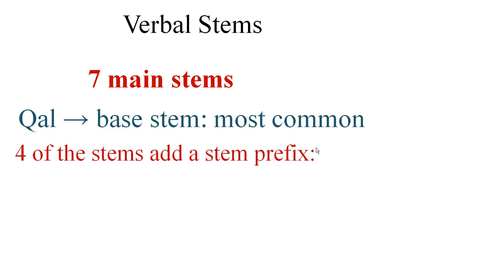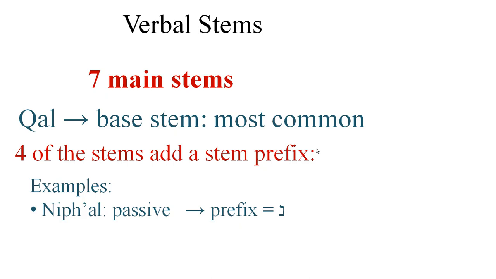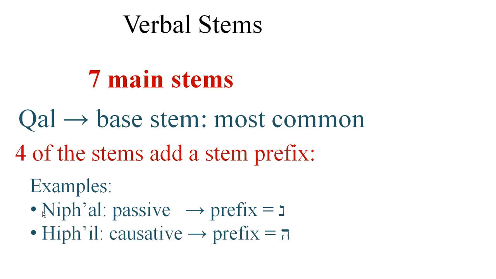Now 4 of the verbal stems add a stem prefix. For example, the Nifal stem, which is a passive or reflexive stem, adds a prefix of nun. So we have this nun prefix that goes before a root and is part of that Nifal stem. Another example is the Hifil stem.